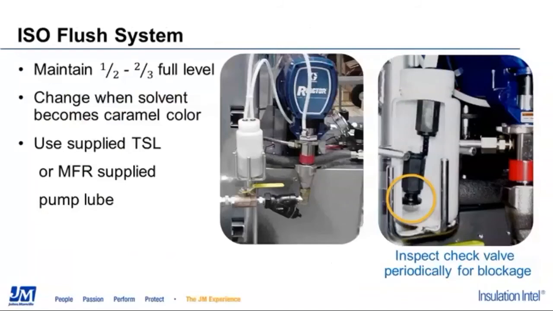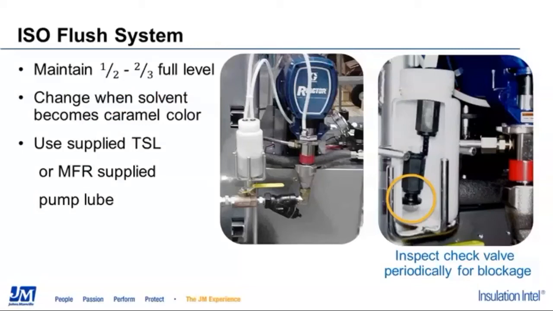Looking at that pump lube assembly, we want to make sure that that fluid level is between 1/2 and 2/3. The nature of this component is that as the A side pressure pump travels in and out, this material is going to make sure that that environment is wetted out with pump lube and that the moisture is not seen on the outside of the cylinder, or on the outside of the piston rod rather.